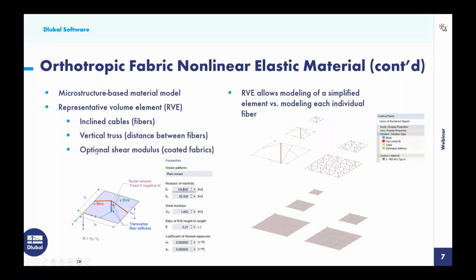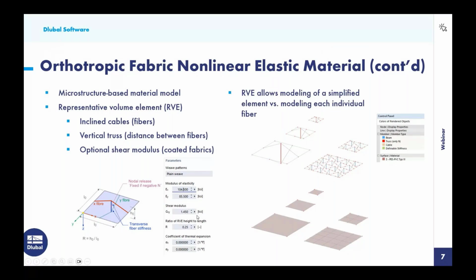We also have the ability to input an optional shear modulus. This would be important for something like a coated weave fabric. But ultimately, we also want to get some information specific from the manufacturer, like modulus of elasticity in the X and Y directions. Again, this ratio of the RVE height to length is just going to represent the distance between these weave fibers and so on.